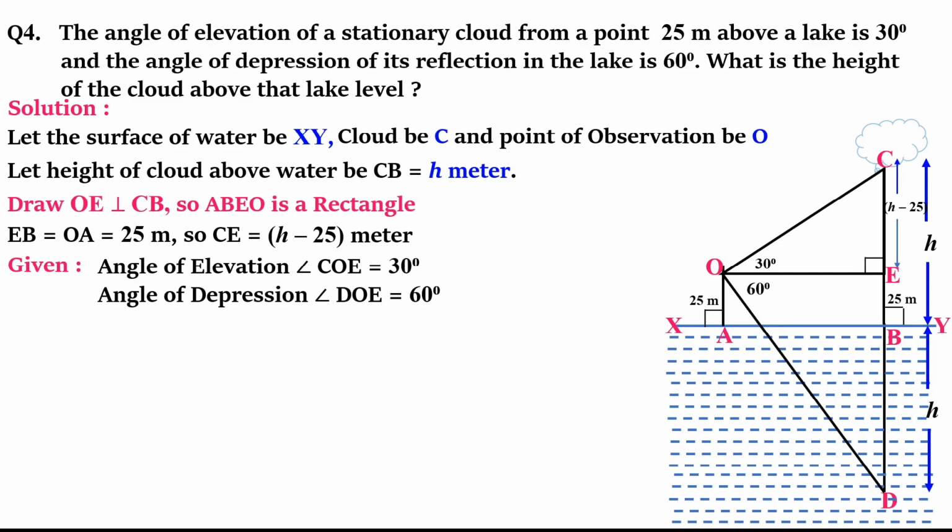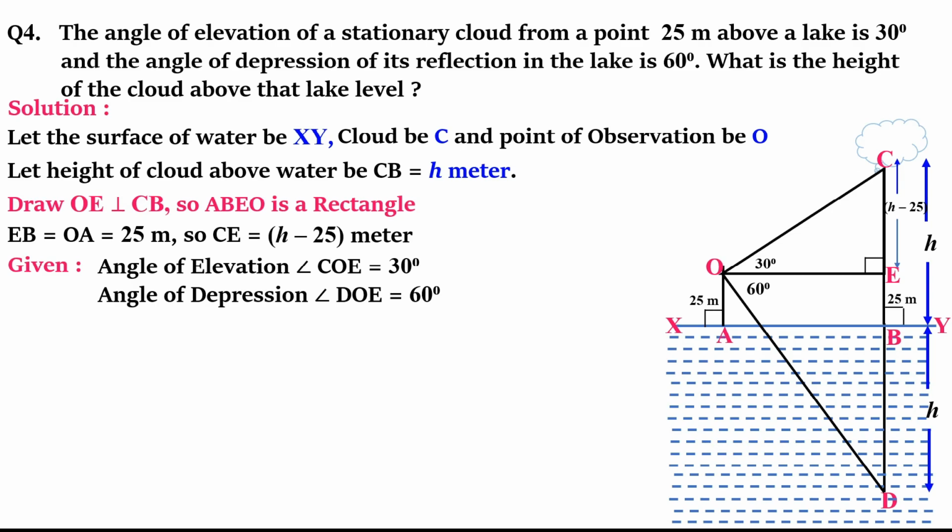So now you can see we are having two right triangles. The first is of course COE, where the angle is 30 degree and the known side is h minus 25. Similarly, in the second right triangle, as you can see, OD is the line of sight. So my right triangle is OED, in which DE is the perpendicular.